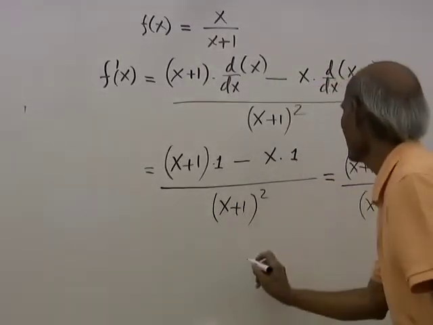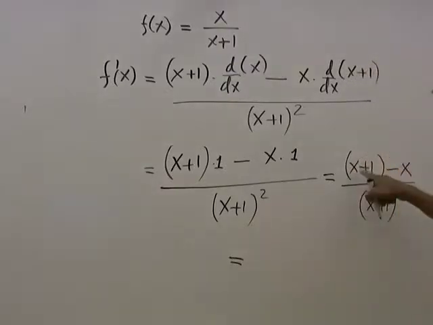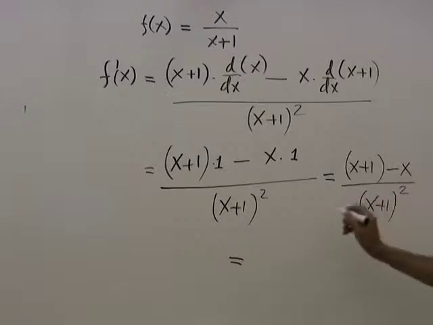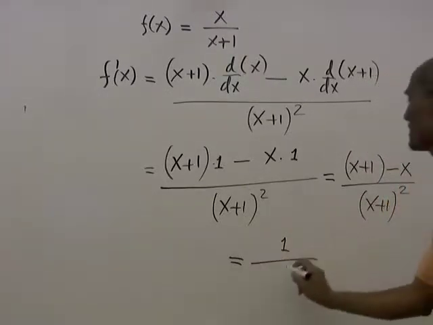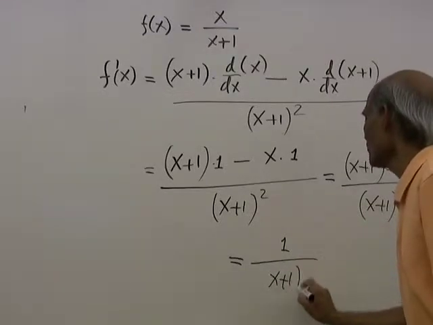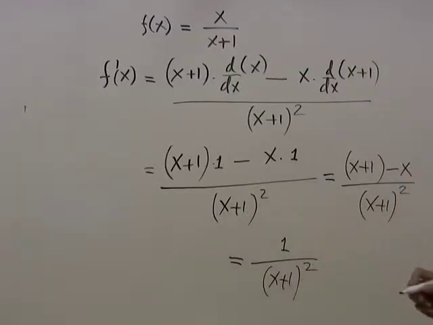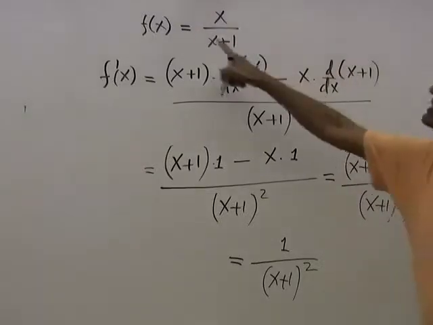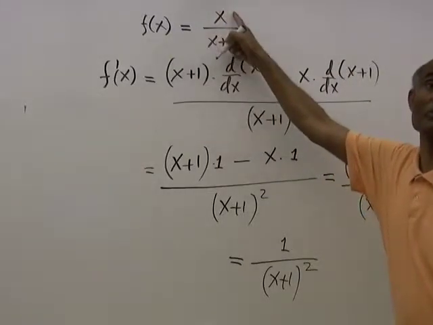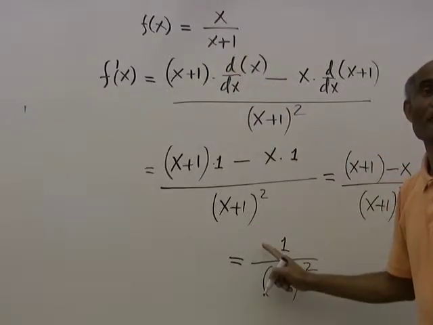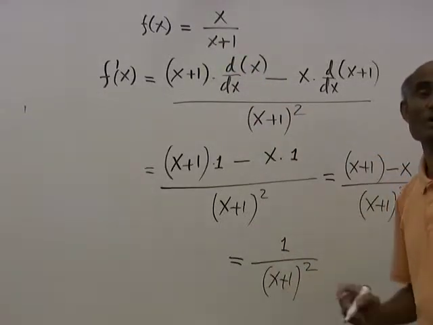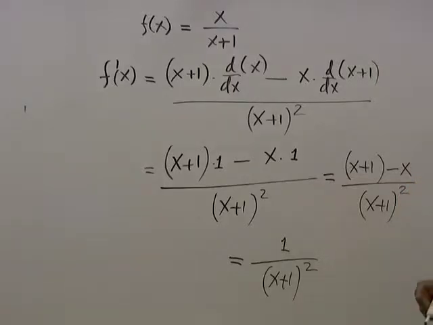That will be x plus 1 minus x. X and minus x will go. In the numerator we simply have a 1, and the denominator is x plus 1 to the power of 2. So the derivative of f of x equal to x over x plus 1 is f prime of x equal to 1 over x plus 1 raised to the power of 2.